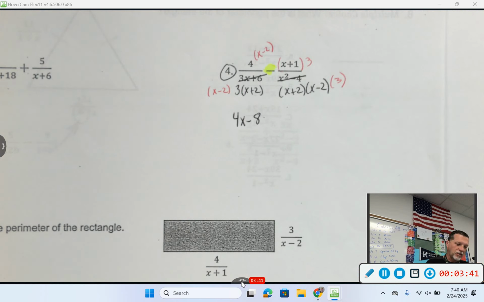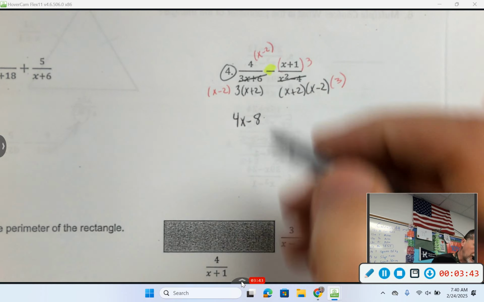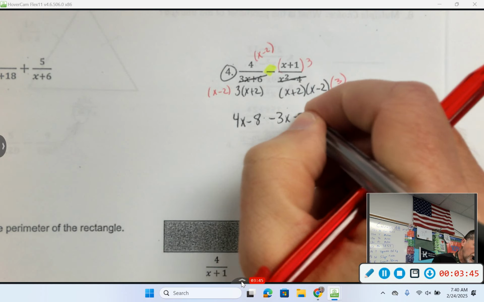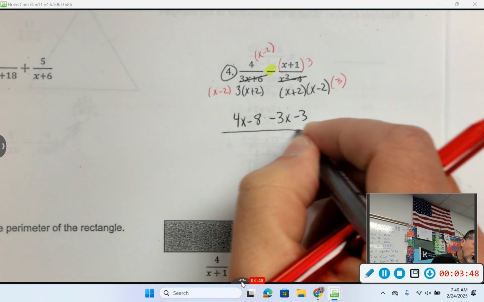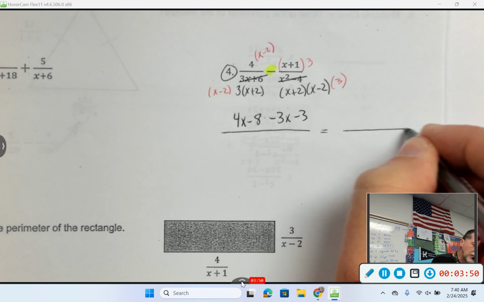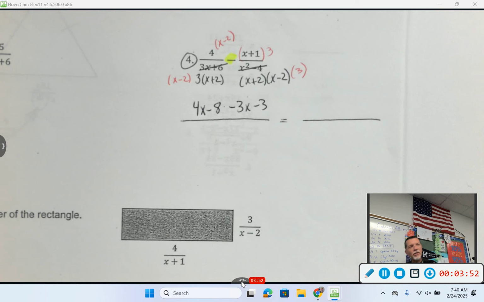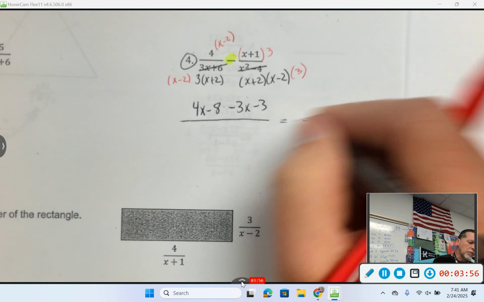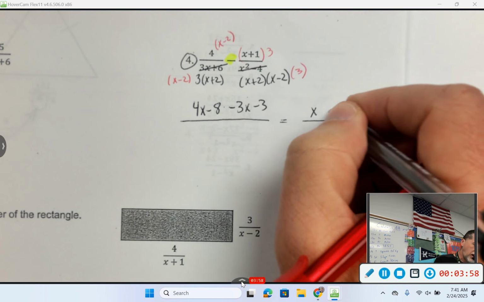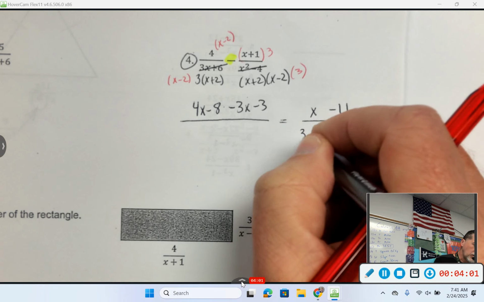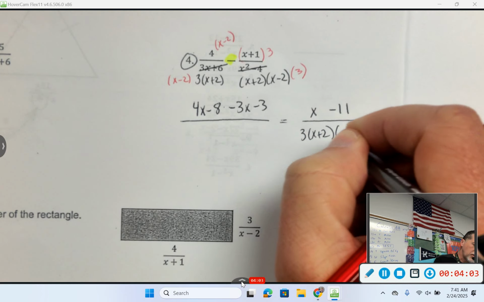Minus 3x minus 3 all over. And then, if you want to be lazy or efficient, we can clean up the top and then rewrite the bottom. So x minus 11 over 3, x plus 2, x minus 2.